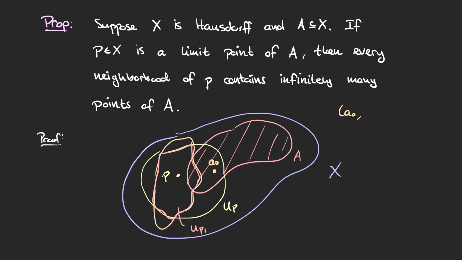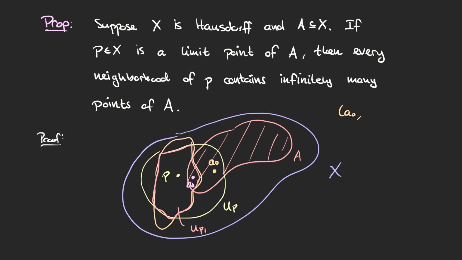Now we again apply the fact that P is a limit point of A. So UP1 is a neighborhood of P, and P is a limit point, so this means that there exists some point, which I'll call A1, which lies in A, and which is distinct from P. And this A1 also lies within UP1.